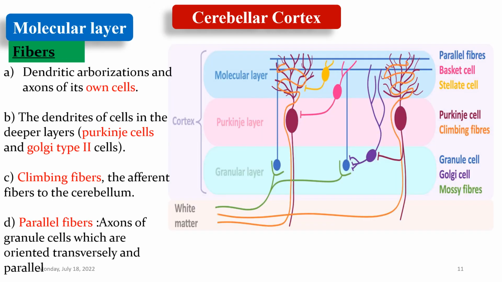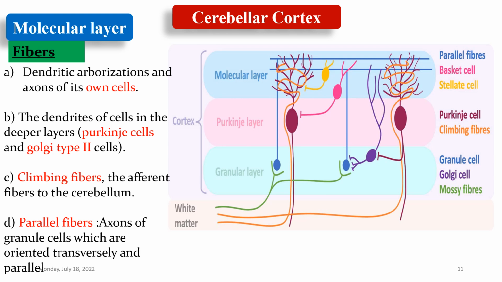As regards the fibers of the molecular layer, you must know that there are different fibers present here in the molecular layer. Number one, you can see the dendritic arborization and the axons of its own cells, which are basket and stellate cell. Number two, the dendrites of cells in the deeper layers, which are Purkinje cell and Golgi type 2 cell.